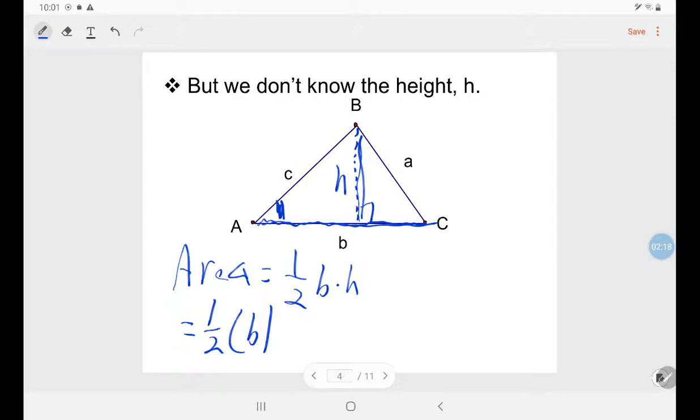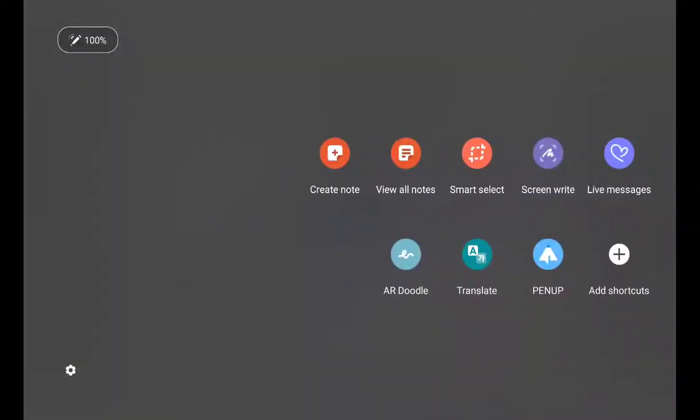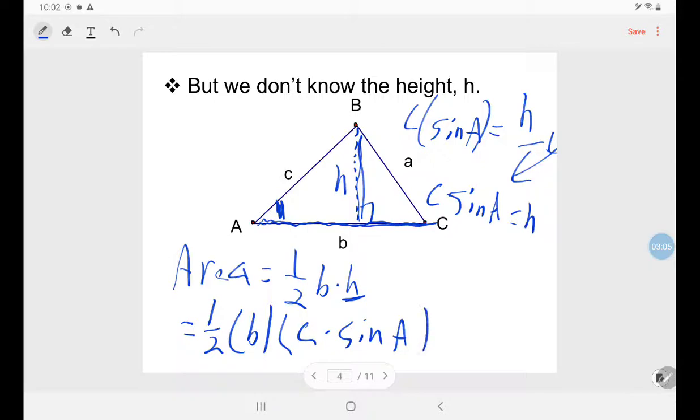If I were to take the sine of angle A, that would give me the opposite H over the hypotenuse C. And then to isolate H, I'd simply multiply both sides by C. So I'd get my height is C times the sine of A. So here, when I say 1/2 base times height, the height we just found can be replaced by C times sine A.